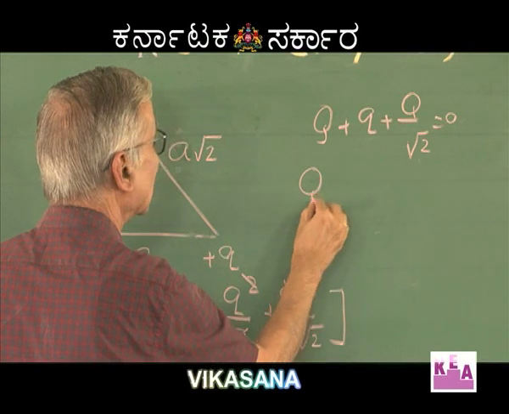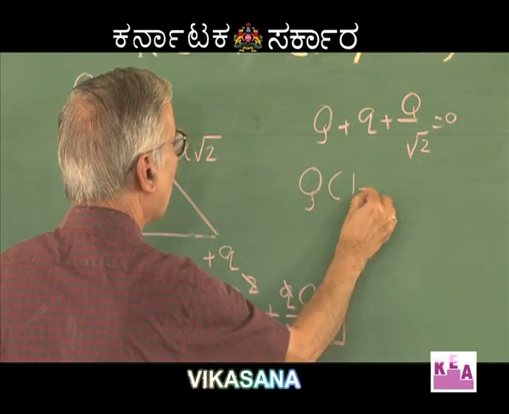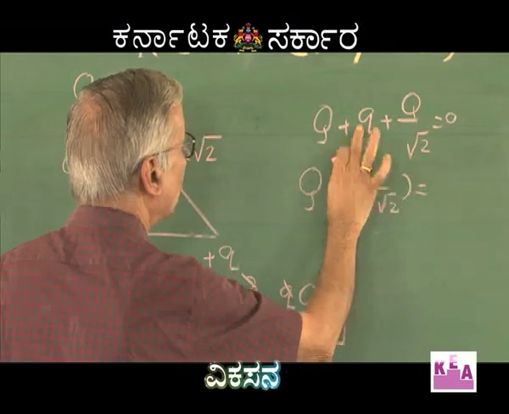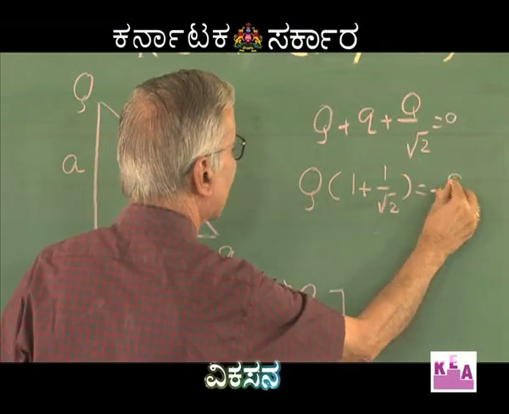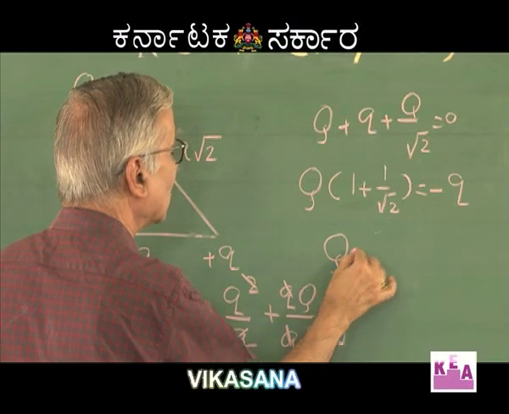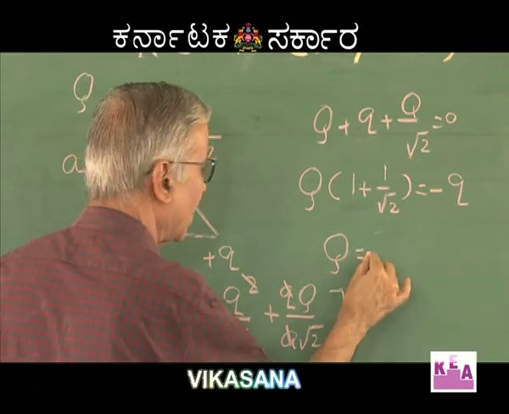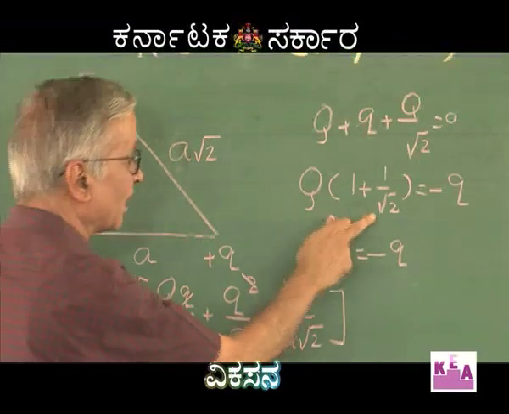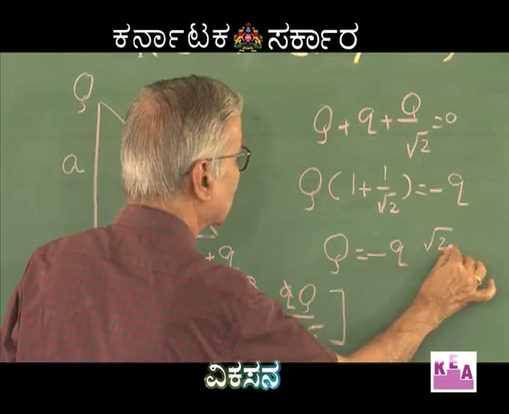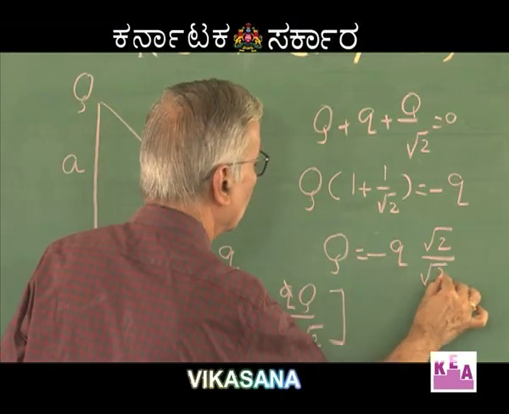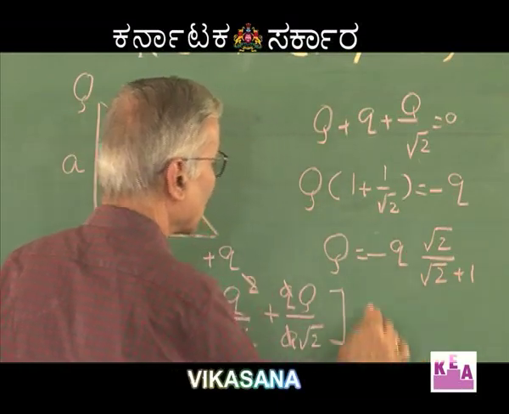If I now take capital Q common, Q times (1 plus 1 divided by root 2) is equal to, if I take q on that side, minus q. Therefore, if I make Q the subject of the formula, it is minus q multiplied by root 2 divided by root 2 plus 1.